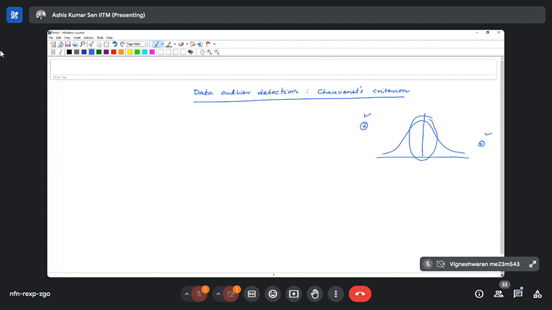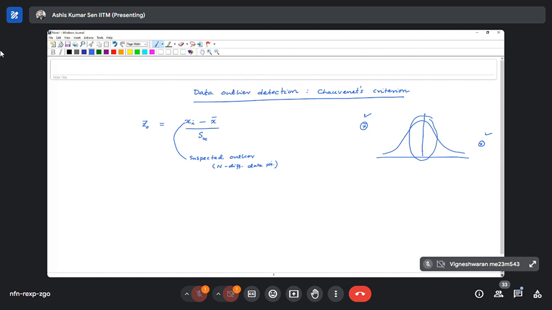So let us define a quantity Z0, and Z0 is xi minus x mean divided by Sx. Here, xi is the suspected outlier in a data set of, let's say, n different measurements, n different data points.